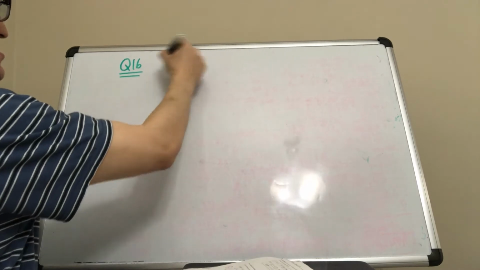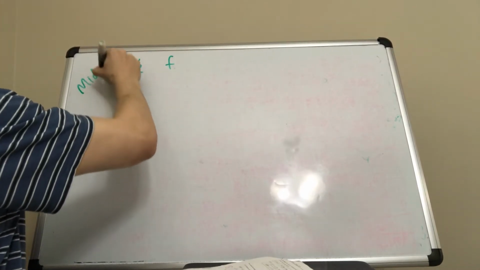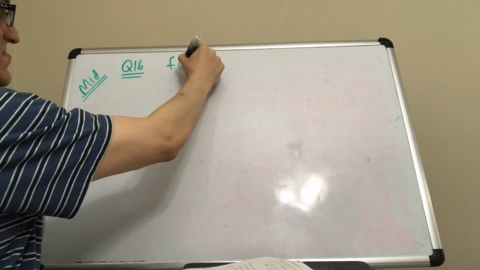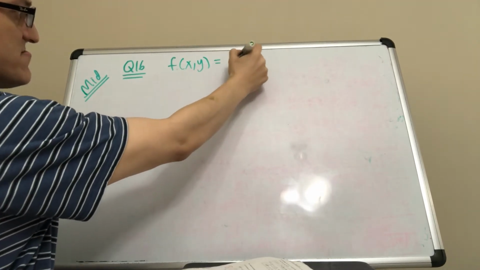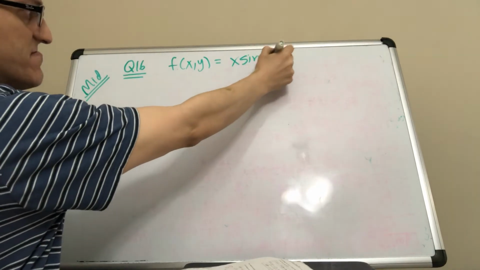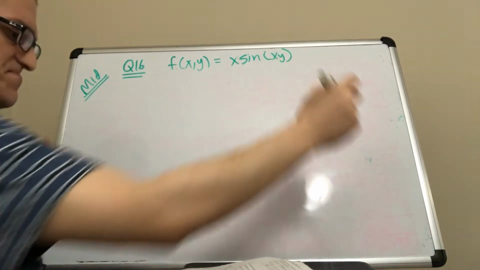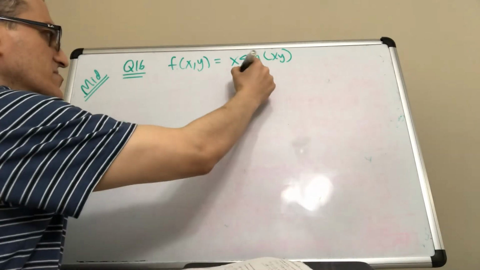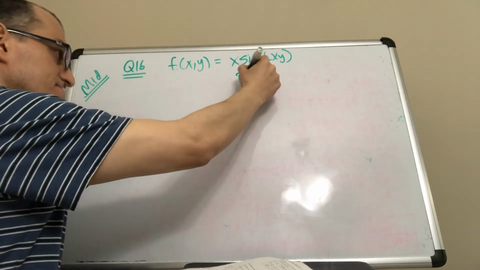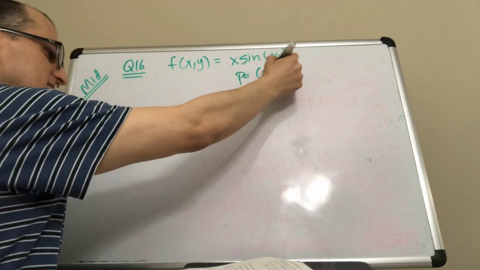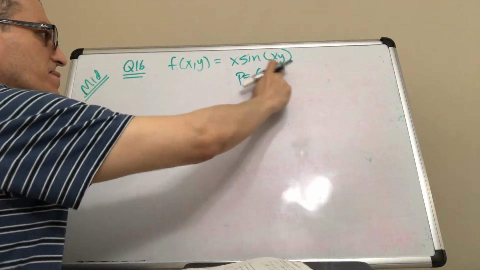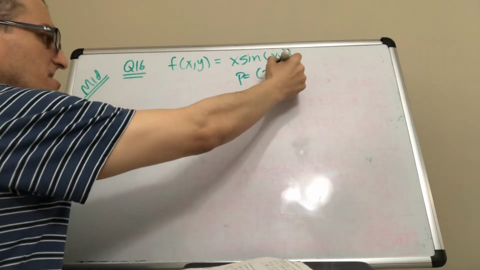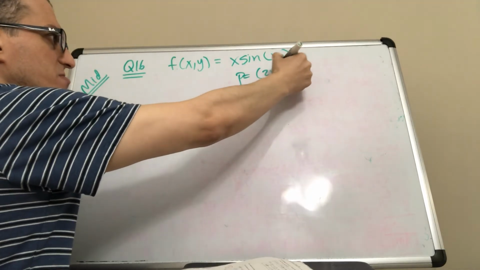So the function itself, this is midterm. The function in terms of xy is x sine xy at the point 2 and pi over 2.